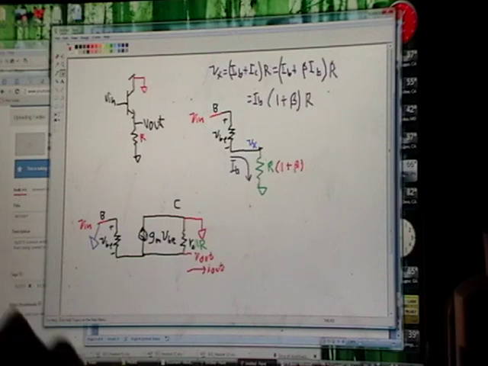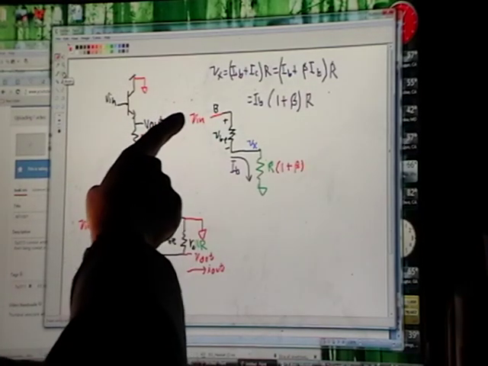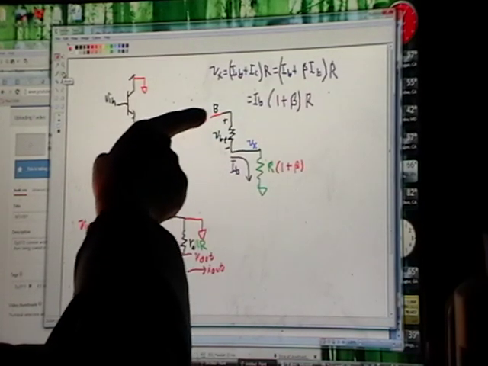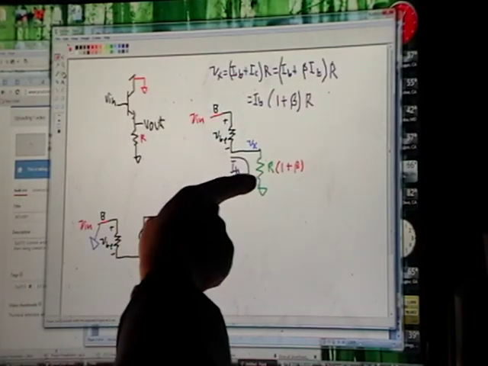Okay. This is going way too fast, and I wish I had a whole other lecture to talk about this and let you ask questions. Now you can see if you are sitting on Vn and you try to push some current through there, all you see are two resistors in series.